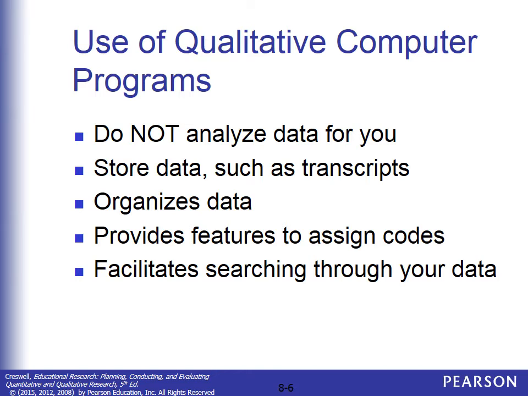With the development of these computer programs, researchers can now decide whether they want to hand code or do computer analysis. Sometimes researchers might choose computer software if they have a large database. Say they have more than 500 pages of transcripts from interview notes, field notes, and observation notes, and they need to keep track of this extensive information.